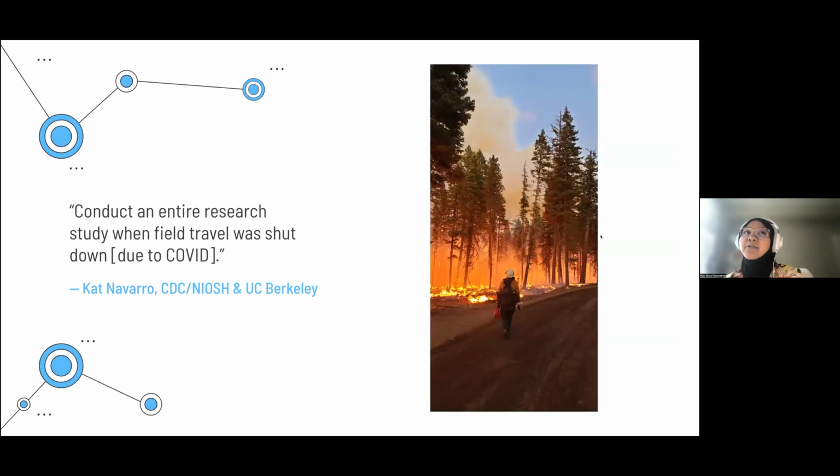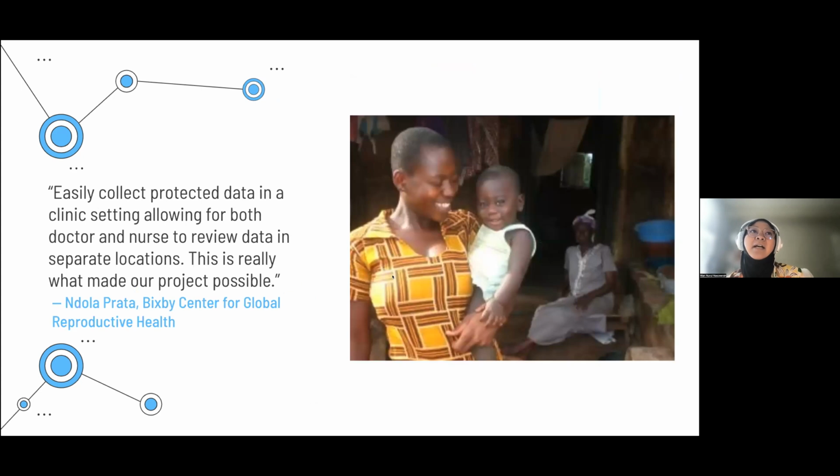And this is another UC Berkeley affiliate researcher. They were conducting research on the association between smoke exposure among firefighters and COVID, and this was done during the COVID period. And our third use case is by Dr. Dalla Prada from the School of Public Health and UCSF.